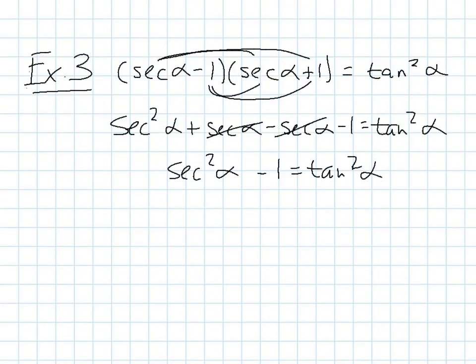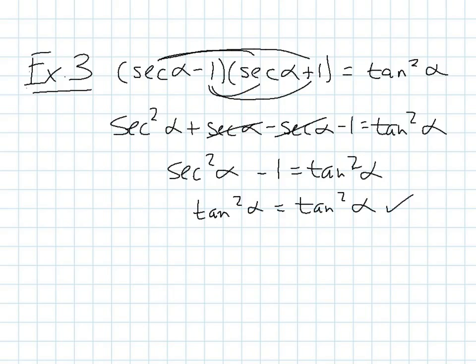So here in our problem, we have secant squared alpha minus 1, which is very similar. It doesn't have to be the same variable. So now, that's the same thing as tangent squared. Okay, there's a check mark.